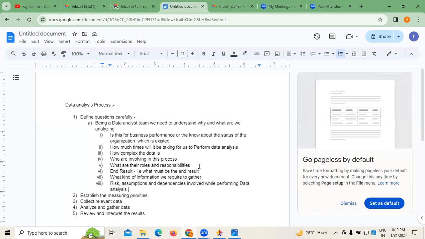Okay. Next, dependencies. We have to see the dependencies also. Whatever data we have taken, in what way is it connecting to the dependencies? I will give you an example from the retail sector point of view. Let's say you want to know the inventory status of a retail store. At the same time, you want to know how frequently we want to order goods from the manufacturer.